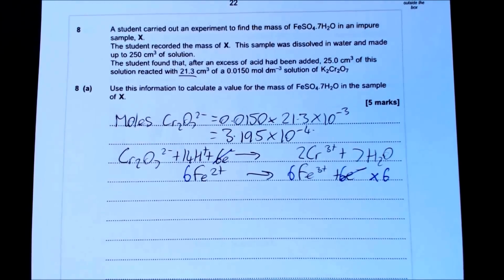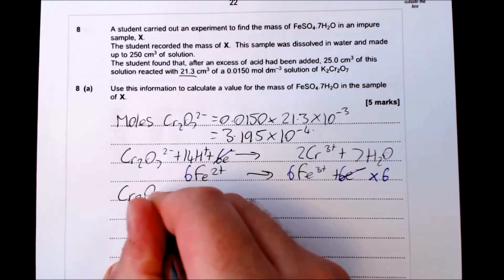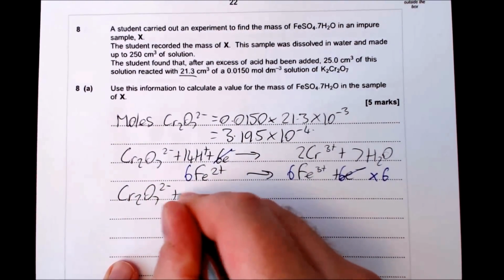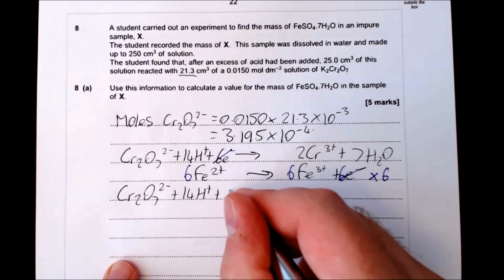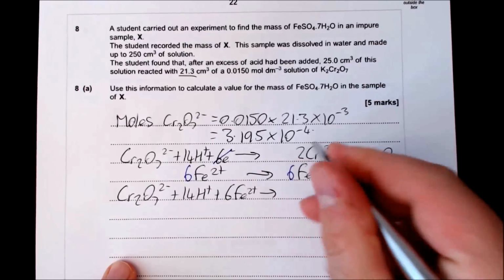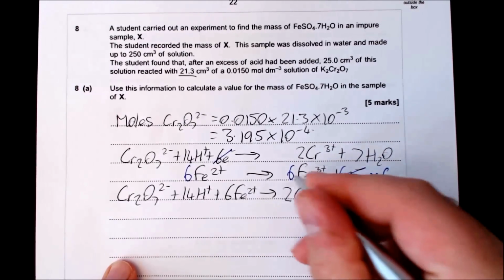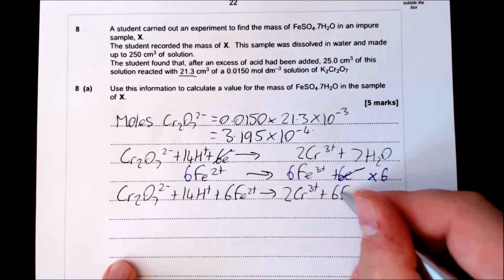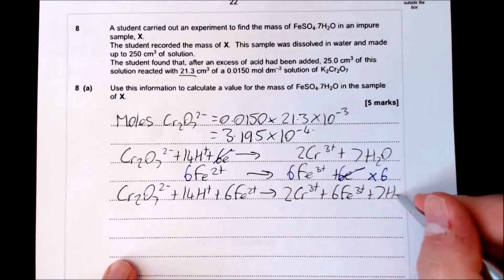And then we combine our equation to get a full ionic equation. So we do Cr2O7 2- plus 14H+ plus 6Fe2+, and then your products, 2Cr3+ plus 6Fe3+ plus 7H2O.